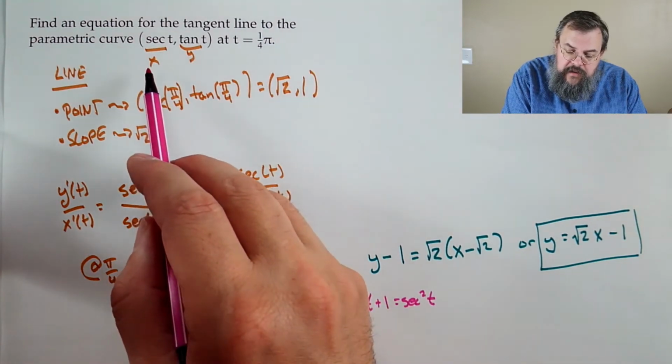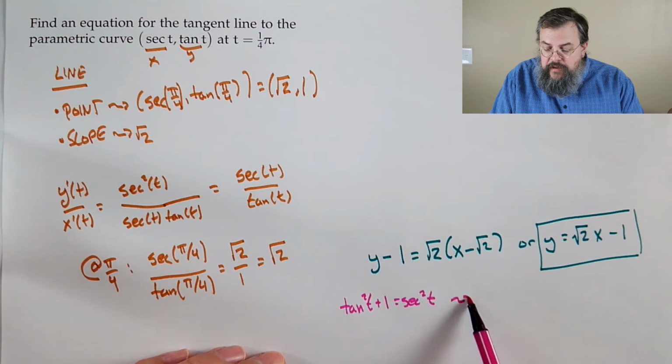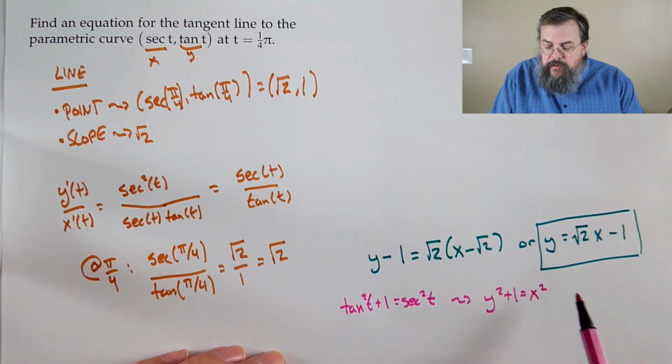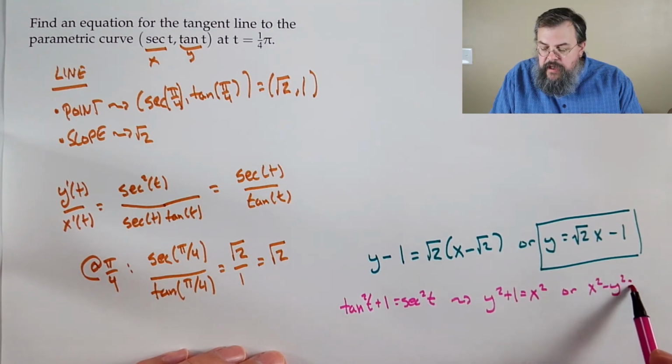Well, if we think of x and y as being secant and tangent respectively, this is like y squared plus 1 is equal to x squared, or if you like, x squared minus y squared equals 1.